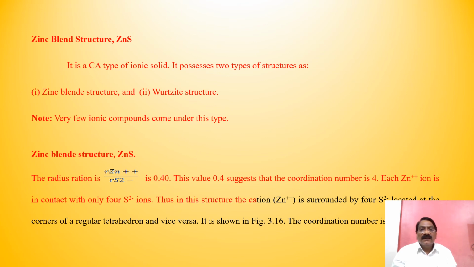Thus, in this structure, the cation Zn2+ is surrounded by 4 S2- anions at the corners of the regular tetrahedron and vice versa, which will be shown in the figure. The coordination number is 4.